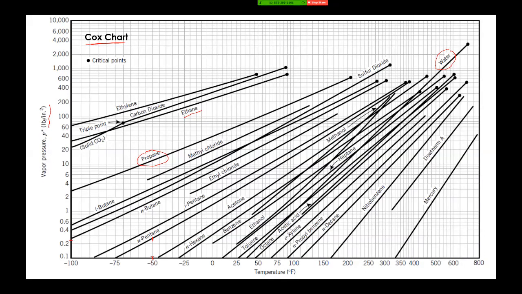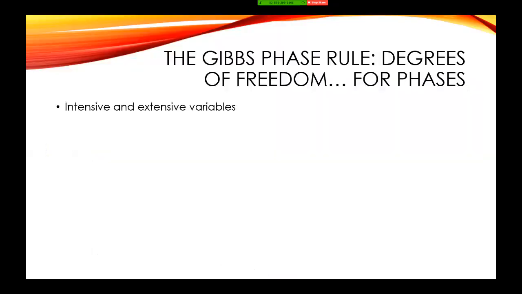pounds per square inch. Okay, so that was how to estimate the vapor pressures, and that was it for last class, right? So now we are going to see how to use this information and other concepts to solve problems like these ones. Okay.